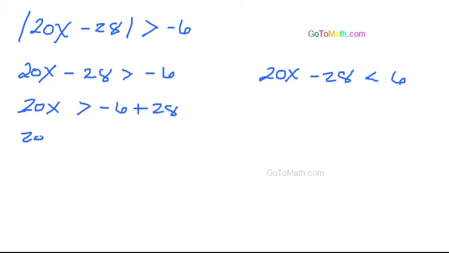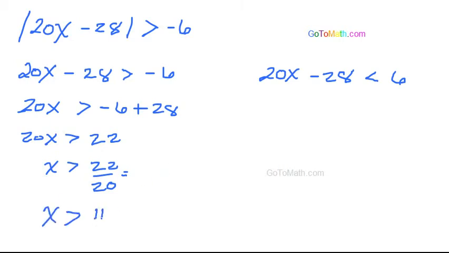We have 20x is greater than 22, right? 28 minus 6 is 22. And so now x is greater than 22 over 20, and of course that reduces to 11 tenths. So x is greater than 11 tenths.